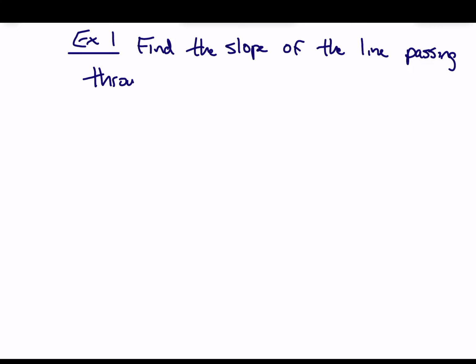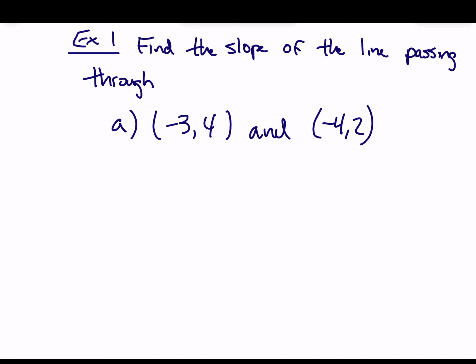Example 1. We want to find the slope of the line passing through the points negative 3, 4 and negative 4, 2.